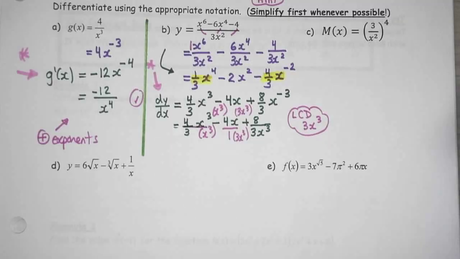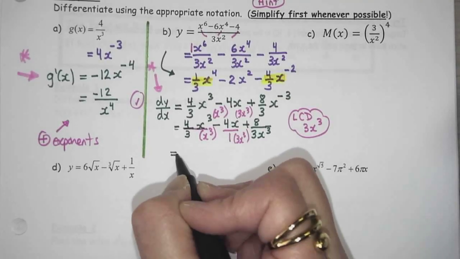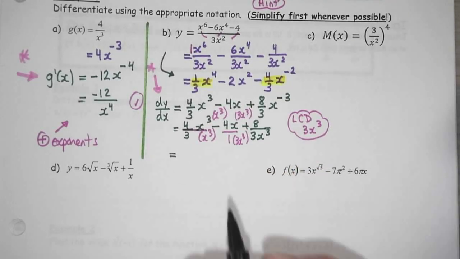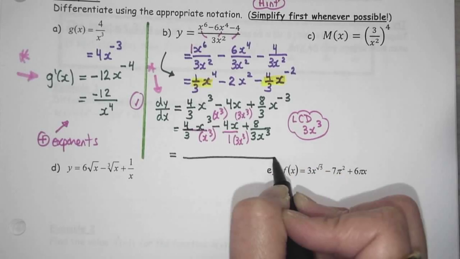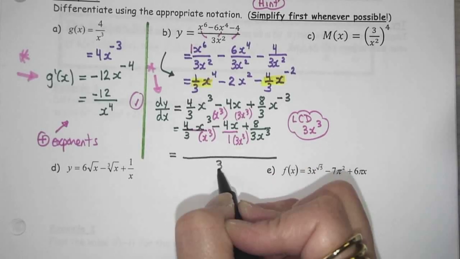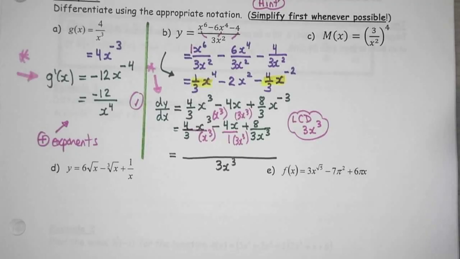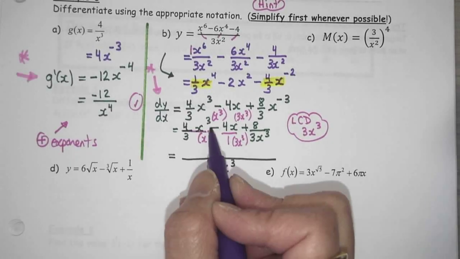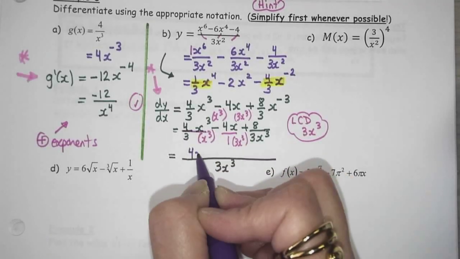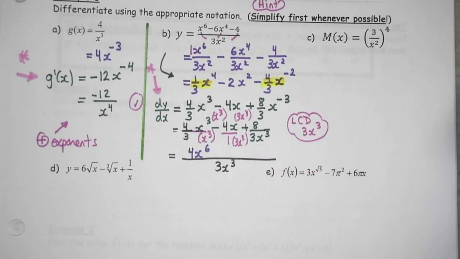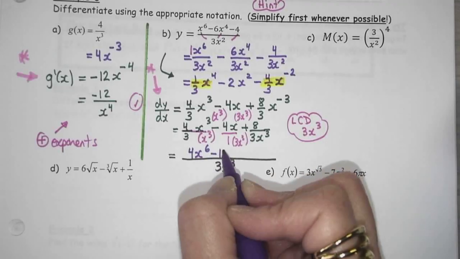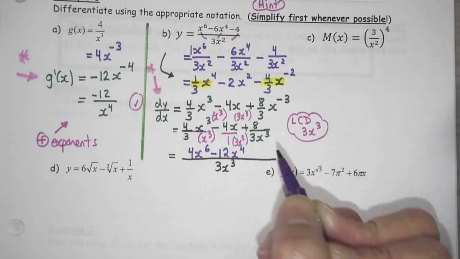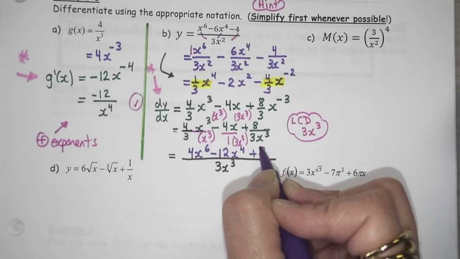And that one I don't need anything. So last step. Ready? So equals, all over 3x cubed. That's my lowest common. Good? The numerator here is going to be 4x to the 6. This numerator here will be minus 12x to the 4 and plus 8. Good?